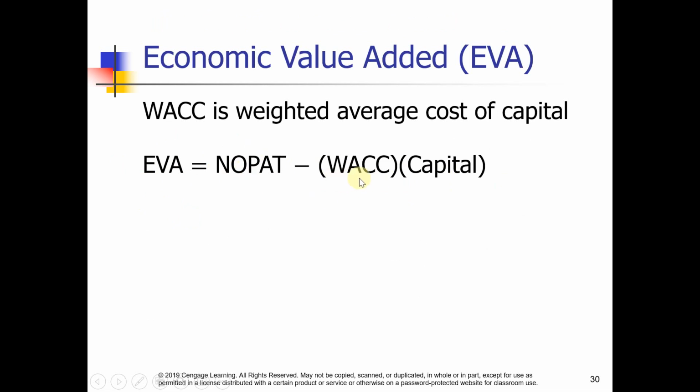You remember, this is the required rate of return, the minimum rate of return the project must make to satisfy the providers of capital. So weighted average cost of capital is a percentage number times the capital provided by the investors. So this gives you the dollar amount of profit the providers of capital must earn on their investment, and this is the dollar amount of profit this company made.